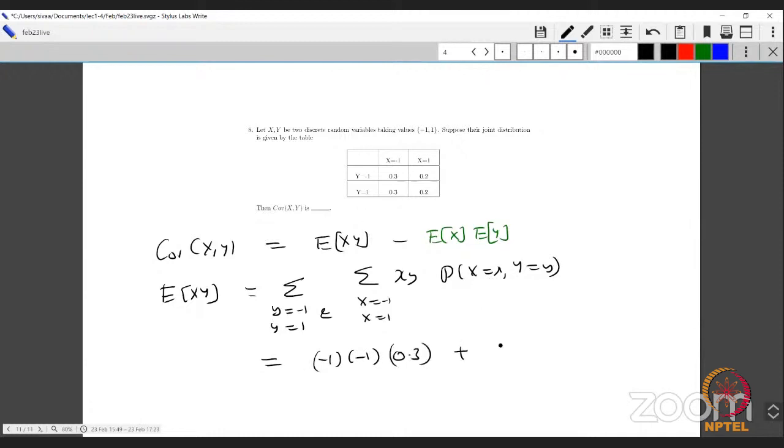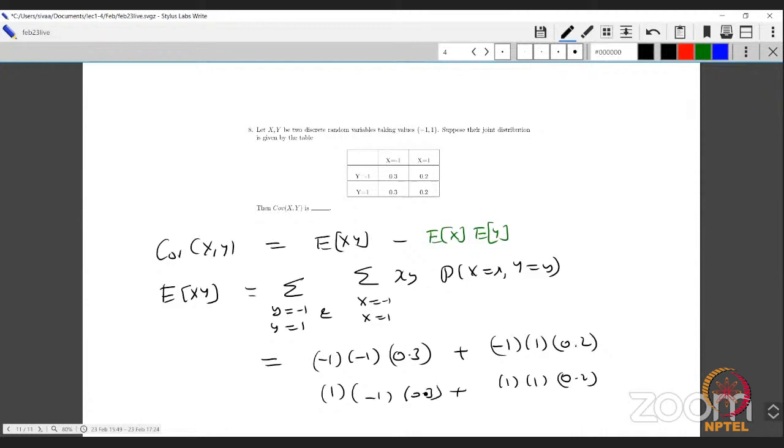Plus -1 into 1, the probability of that is 0.2, right? Then you have 1 into -1, the probability is 0.3, plus you have 1 into 1, the probability is 0.2. Very good. So that's E of xy.